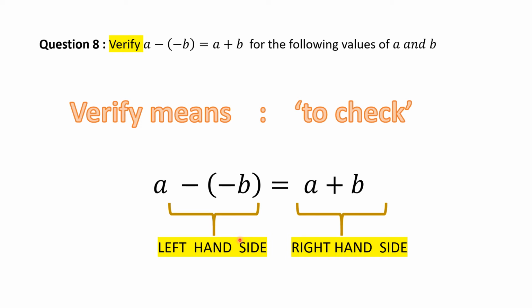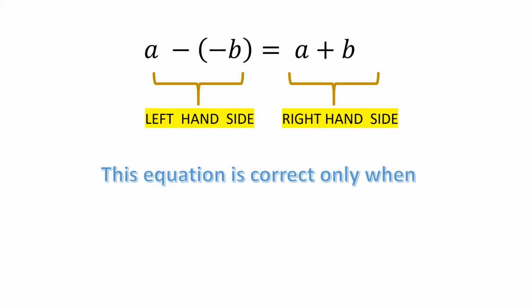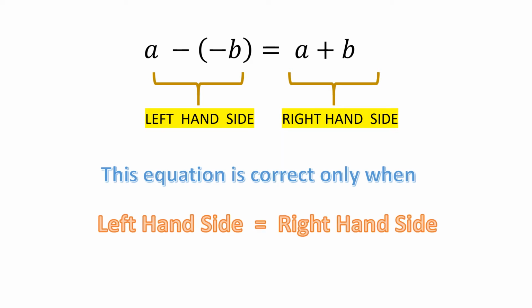Now, in order to check this equation, we need to check if the left hand side is equal to the right hand side or not. This equation is correct only when the left hand side is equal to the right hand side.